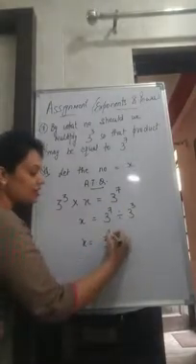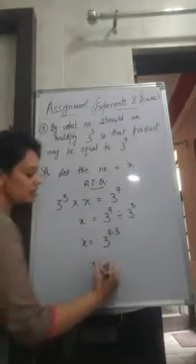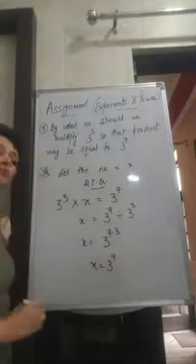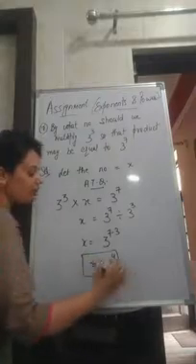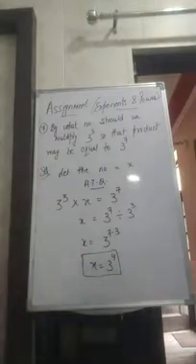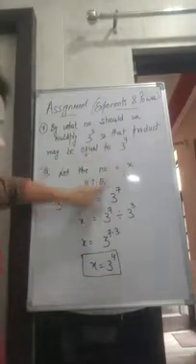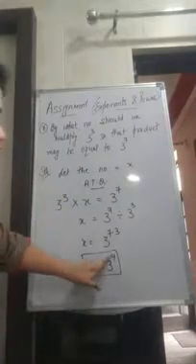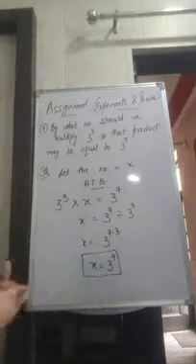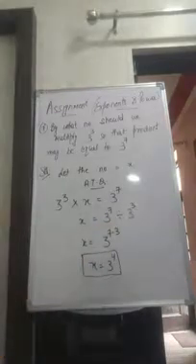It will be 3 raised to power 7 minus 3. So we are left with 3 raised to power 4. So this is the answer: 3 cubed should be multiplied by 3 raised to power 4 in order to get 3 raised to power 7.